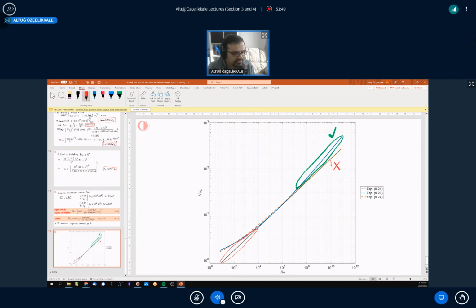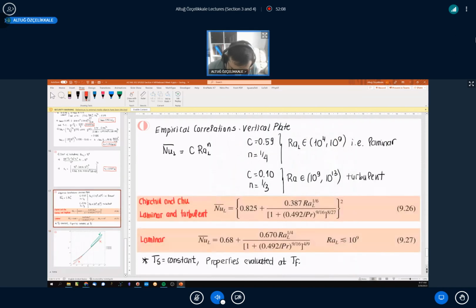We didn't consider conduction, and therefore the assumptions for the similarity solution become invalid as you go lower in Rayleigh numbers. However, notice that these two correlations are quite matching. That was the blue line. The other one was, do I have an orange here? I think I do.